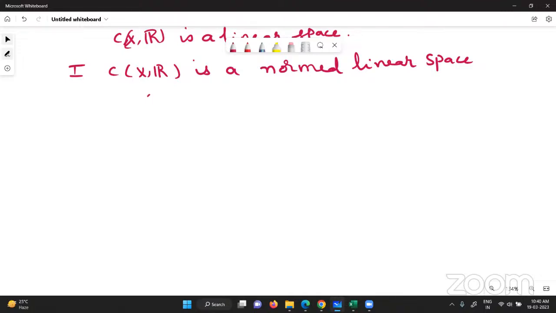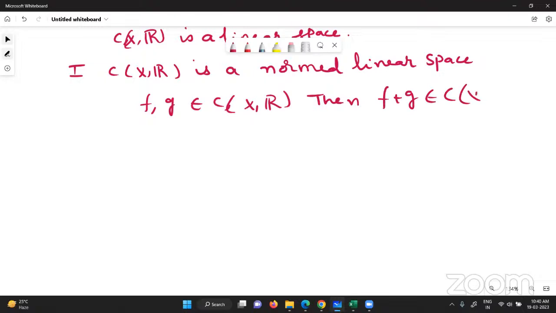For that, take f, g belonging to C(X,R). Yesterday we proved that f plus g belongs to C(X,R). Whenever f and g are continuous, f plus g is also continuous. Now we know how you defined the norm.